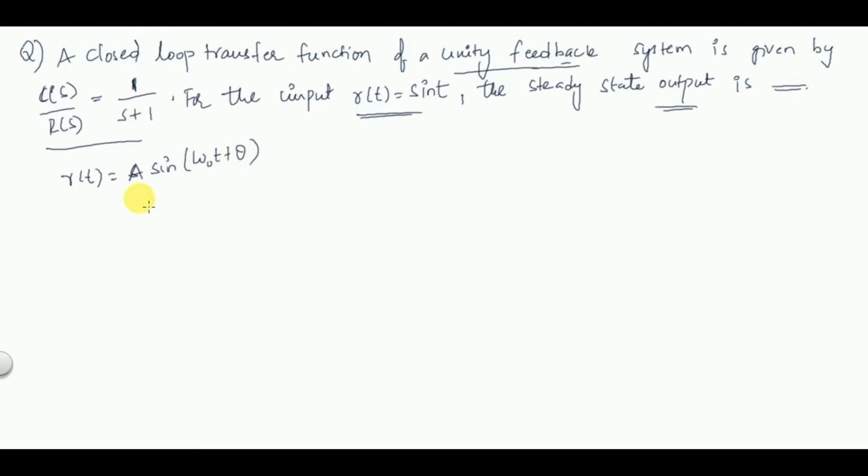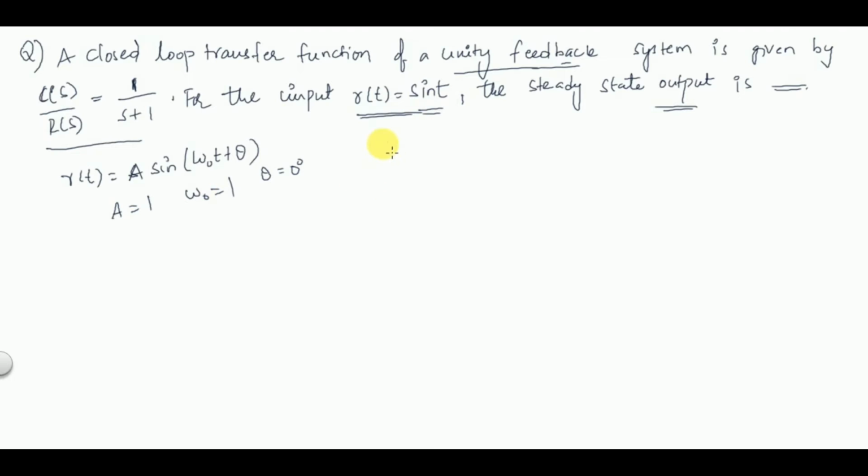Here there is no theta, so A is 1 and omega naught is 1, because when omega naught is equal to 1, it becomes sine t. So comparing with the standard form, we have A equal to 1, omega naught equal to 1, and theta equal to 0 degrees.